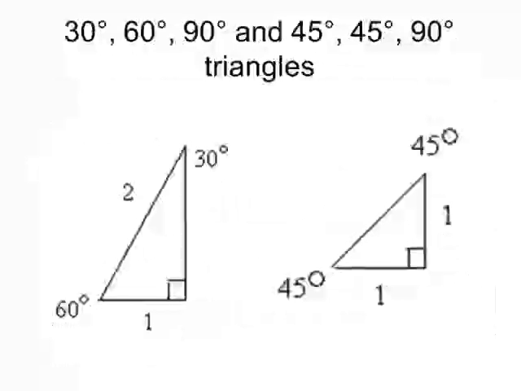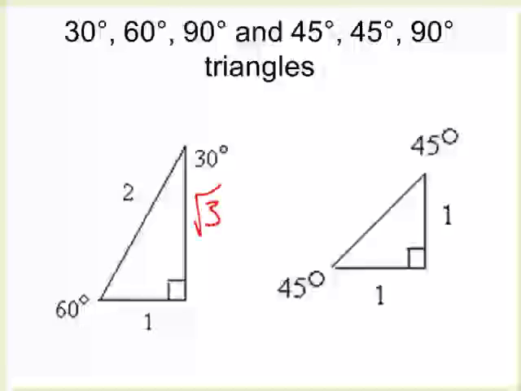You also have a couple of special triangle patterns that you have to memorize. The first one is the 30, 60, 90 triangle. In the 30, 60, 90, we say that the short side across from the 30 has a length of 1. The hypotenuse is double the short leg, and the longer leg is the square root of 3 times as long as the shorter leg.